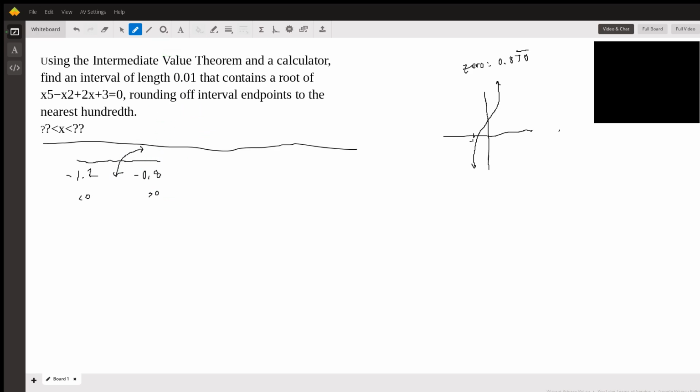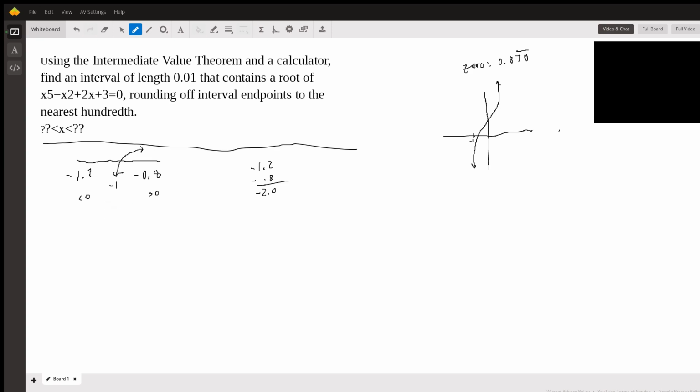So let me go back to the pencil tool. Okay, so now the midpoint is -1.2 plus -0.8, so that's -2, and the midpoint would be -1.